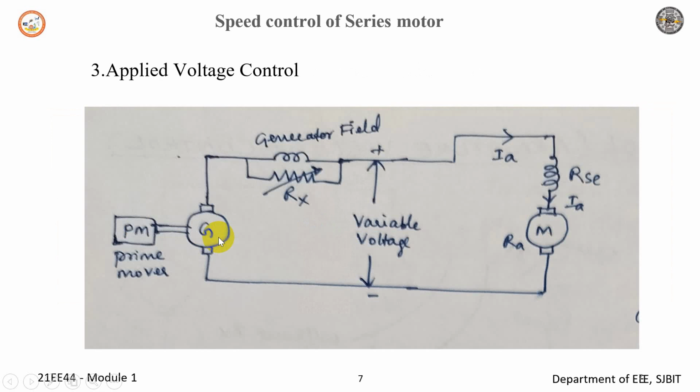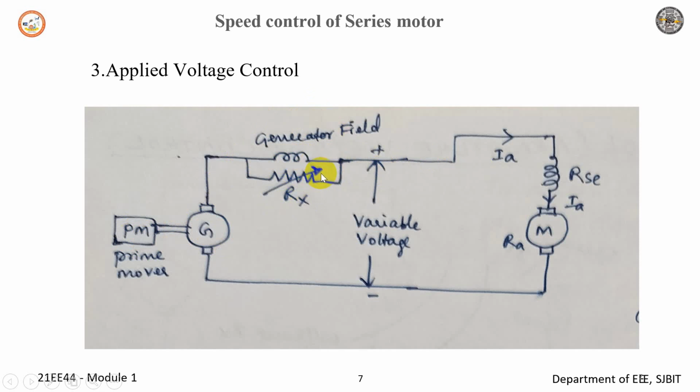The last method we have here is the applied voltage control method. In this method, the series motor is excited by the voltage obtained from a series generator, as shown in the figure. The generator is driven by a suitable prime mover, so that the voltage obtained from the generator is controlled by the field diverter resistance connected across the series field winding of the generator.